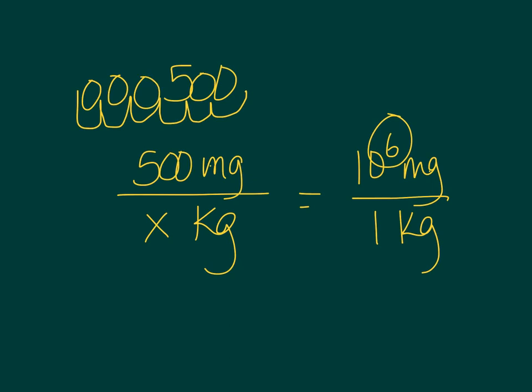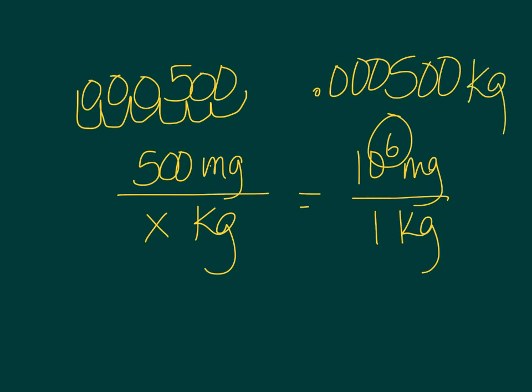And so we get 0.000500 kilograms. Okay, more of the smaller unit. That would be a thing to remember to figure out. Okay, which way am I going to move it? Move it left, move it right, because I'm trying to make this number bigger or smaller.